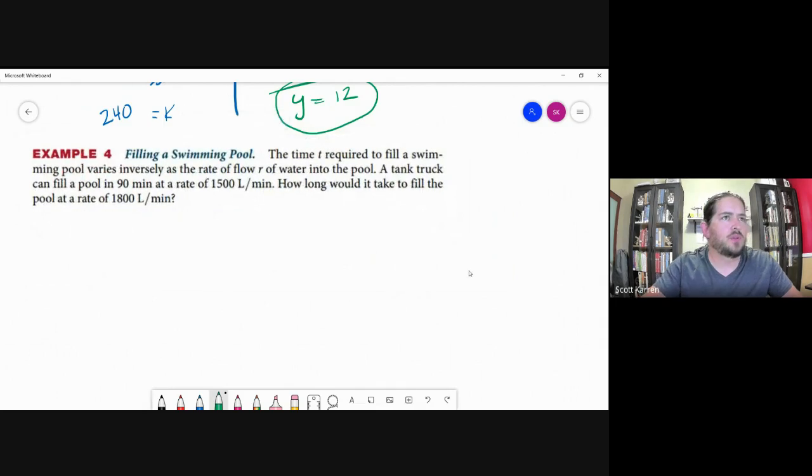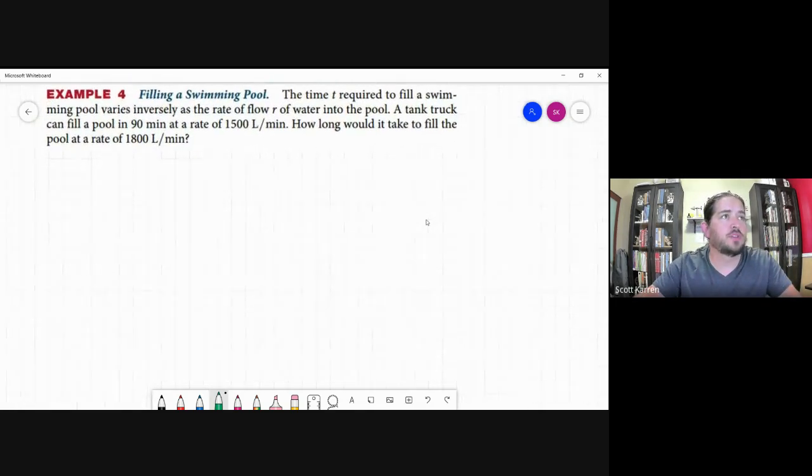The time required to fill a swimming pool varies inversely as the rate of flow of water into the pool. A tank truck can fill a pool in 90 minutes at a rate of 1,500 liters per minute. How long would it take to fill the pool at a rate of 1,800 liters per minute? The first thing to note is that the time to fill a swimming pool varies inversely as the rate.